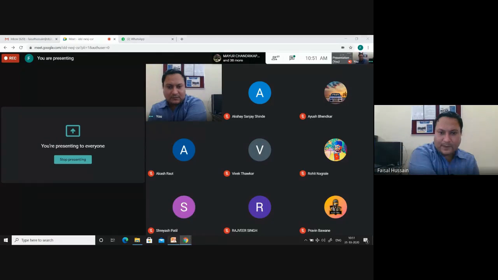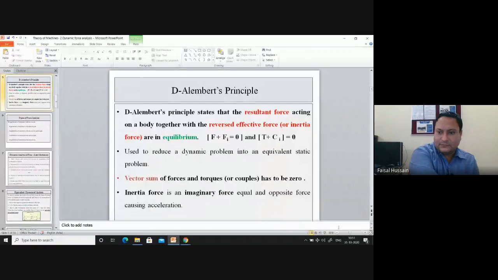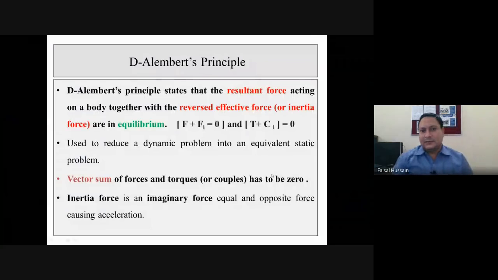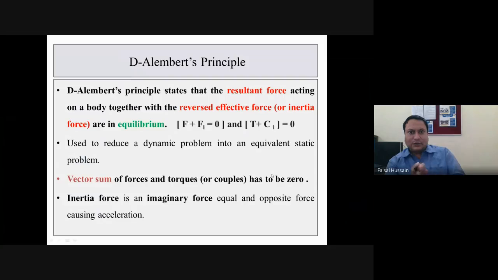Now let us continue with our part, the D'Alembert principle. In chem dynamics also, we have studied about the D'Alembert principle. Okay. So the D'Alembert principle, as we have discussed, says that the resultant force acting on a body together with the reverse effective force or inertia force are in equilibrium.